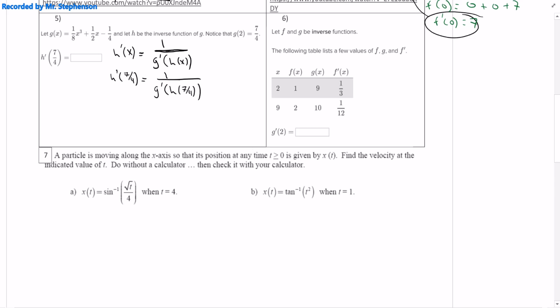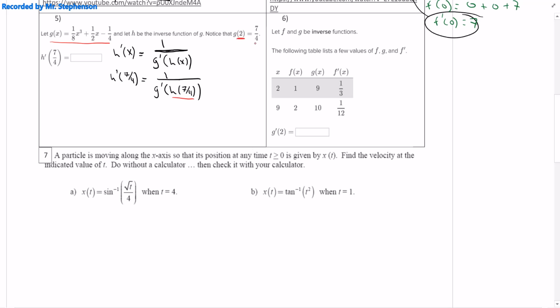So in order to do this, you have to notice several things. One, I need a g prime, which means at some point I'm going to have to take the derivative of this. And two, I need to know what h of 7/4 is. If two functions are inverses, then their x and y coordinates are switched.